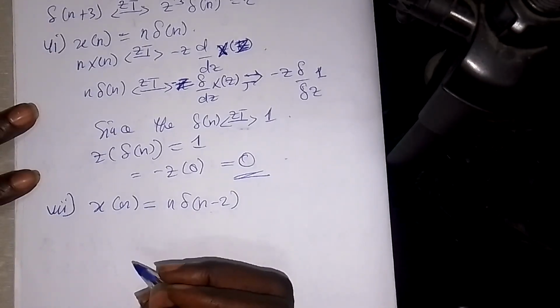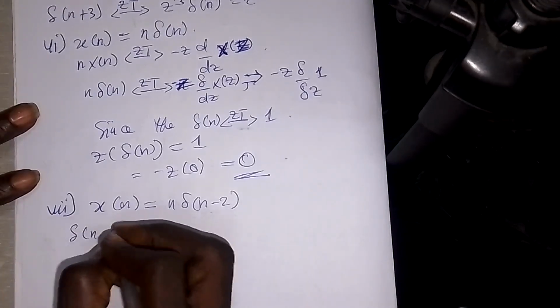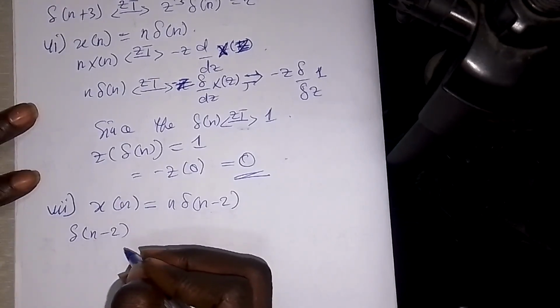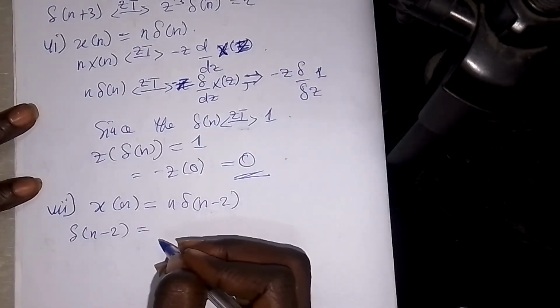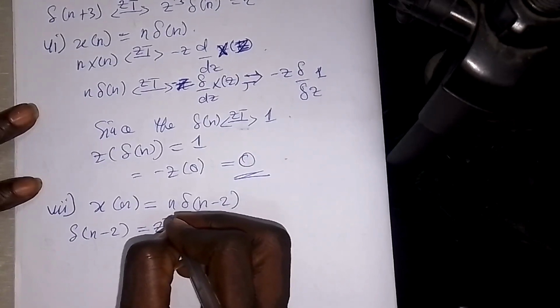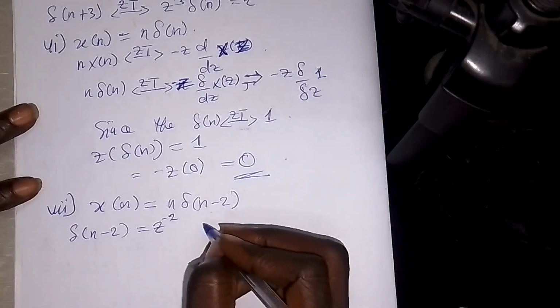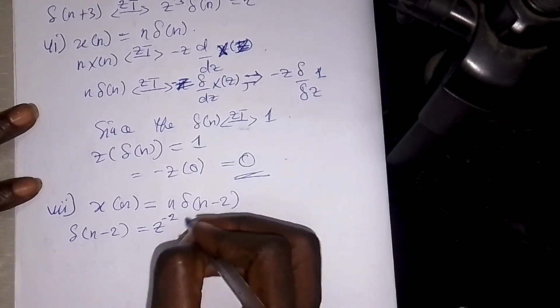Let's first take the time shifting aspect. If I have delta of n minus 2, then in terms of time shifting, I'm going to get z exponent minus 2 into x of z.